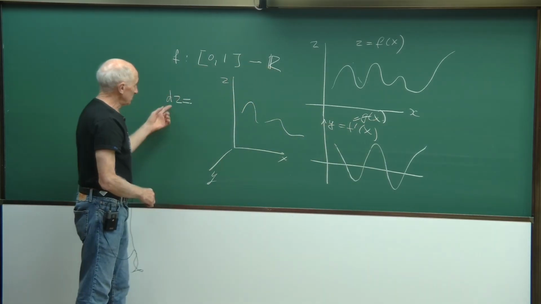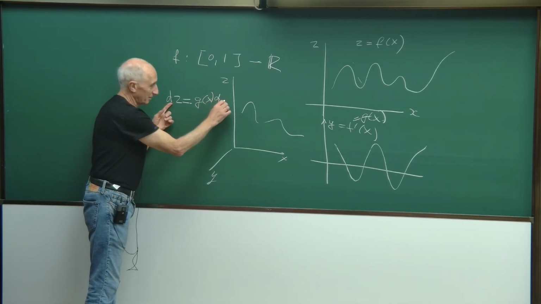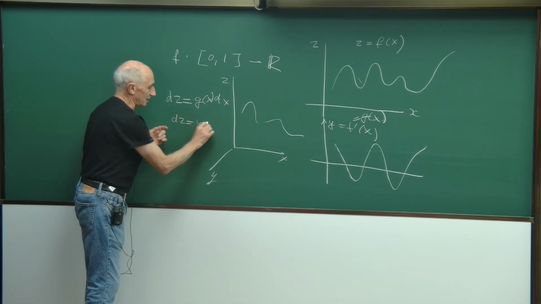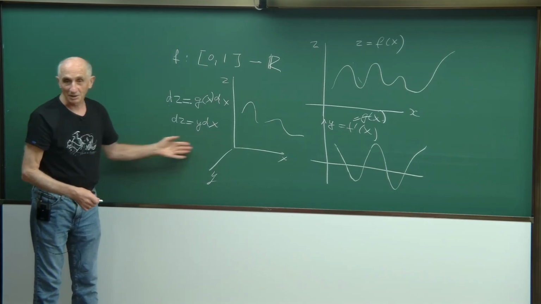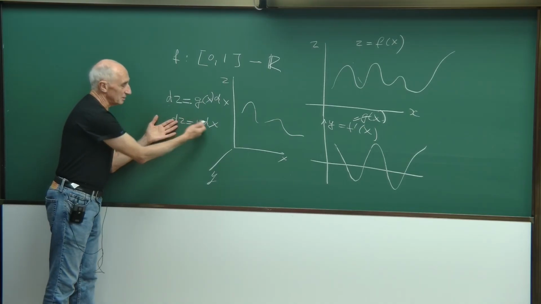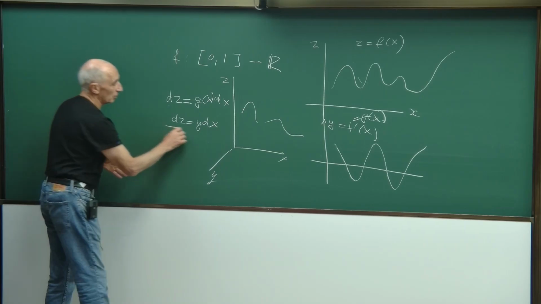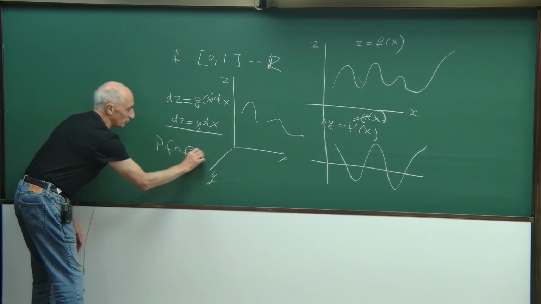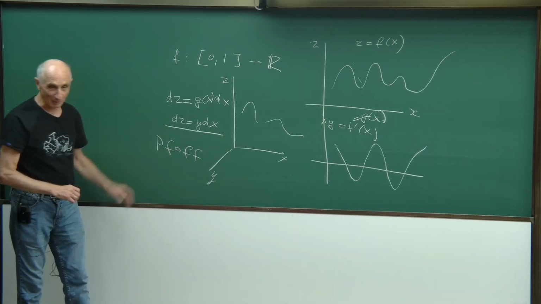So dz equals g of x dx, or I can just write dz equals y dx. What does this equation mean? This is a so-called differential one-form, and equations of this type are sometimes called Pfaffian equations, after the German mathematician of the 18th century named Pfaff.